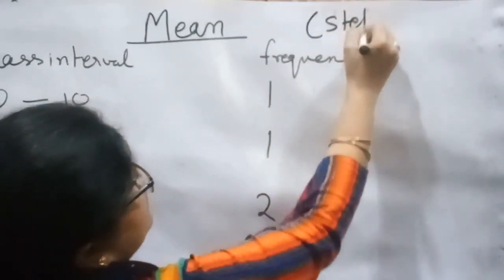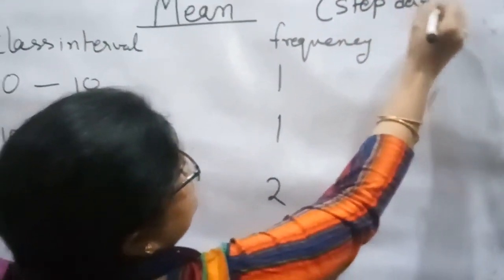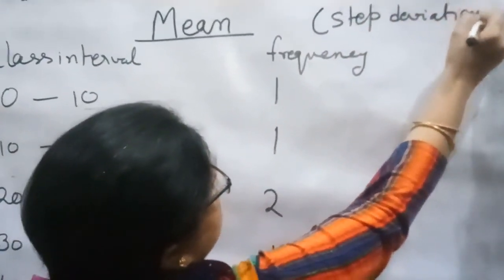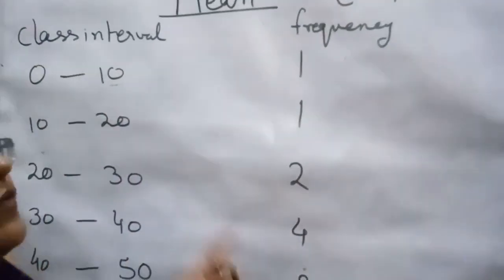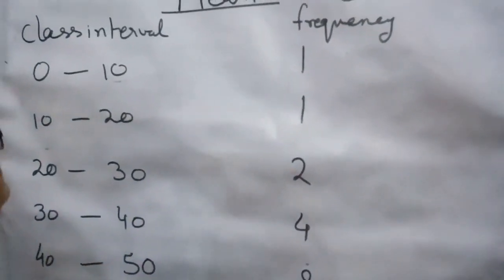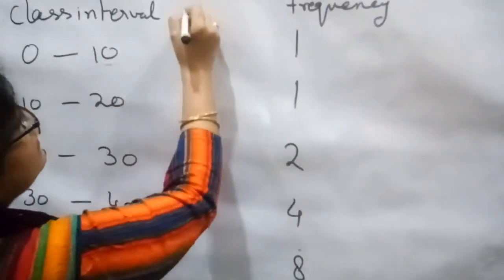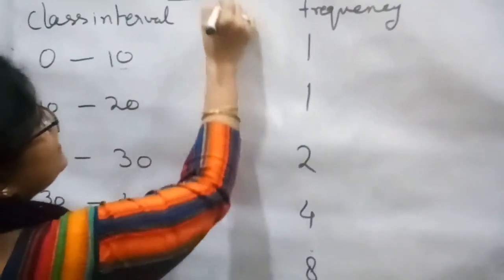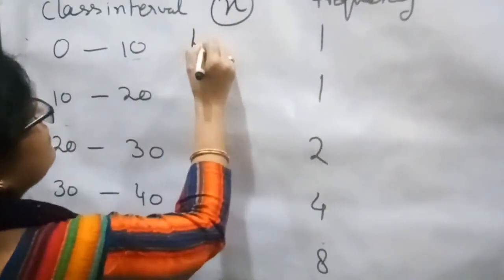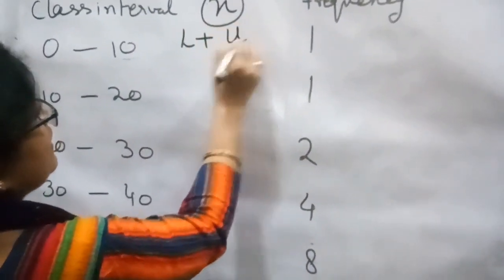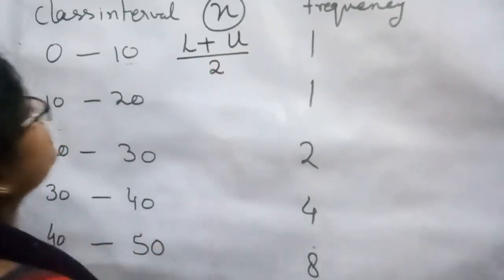And I am going to tell you here the step deviation method. There are two types of step deviation. I am going to explain one by one. This is the first method. Find the middle number, which is known as x. And how do we find x? We just add lower limit and upper limit and divide by 2.